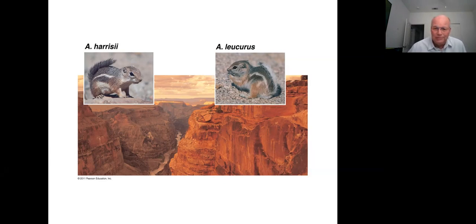It is over a mile deep. It is vertical in many places, and a little ground squirrel is simply not going to take the time to crawl down one side of the canyon, find a way across the river, and then crawl up the other side just to find a mate. It's much easier to mate within your own population on your side of the canyon.